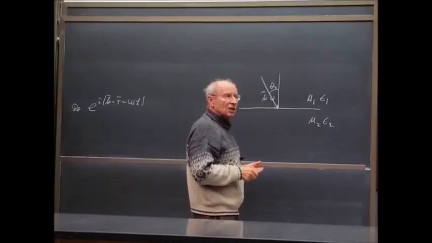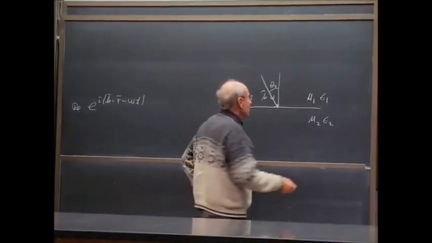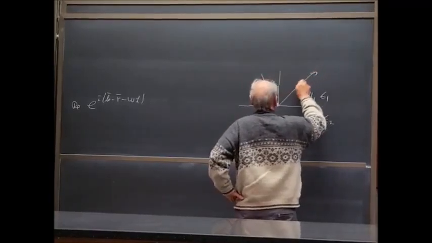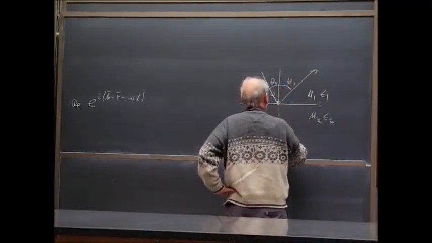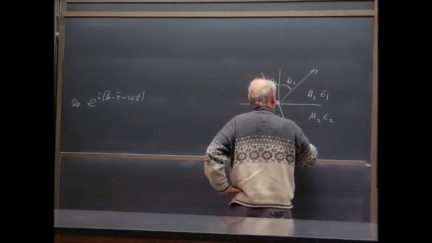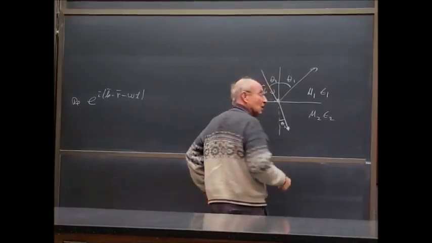Now, when it hits this interface, one of two things has to happen. Either it gets reflected at some angle, let's call it theta 1, or it gets transmitted at some angle, call it theta 2.